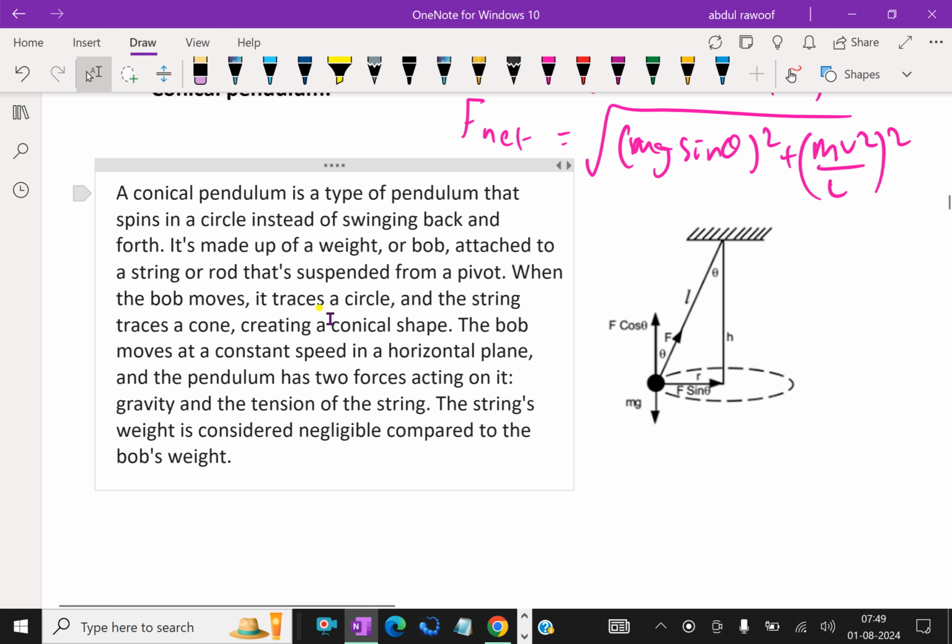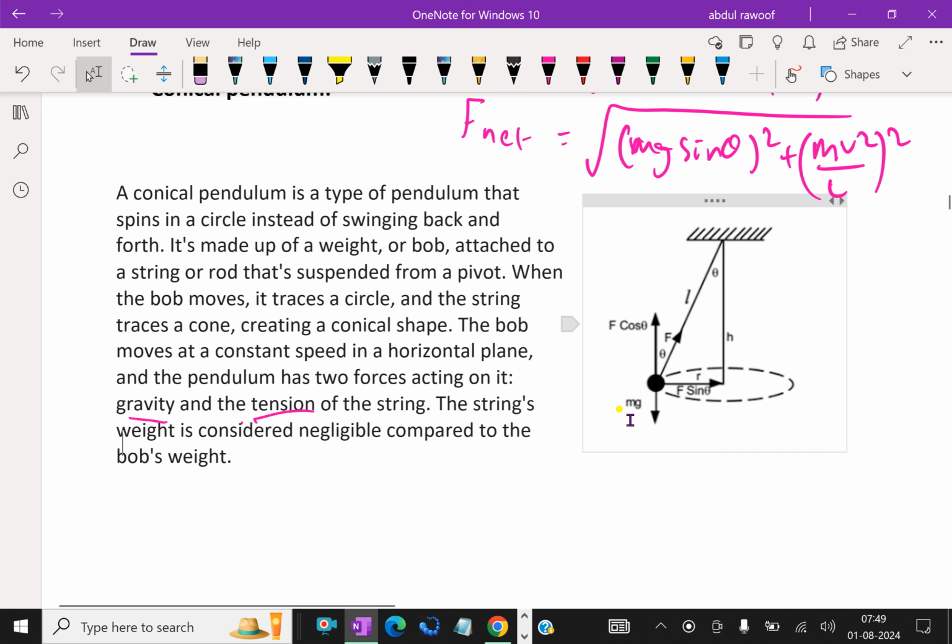When the bob moves, it traces a circle and the string traces a cone, creating a conical shape. The bob moves at a constant speed in a horizontal plane, and the pendulum has two forces acting on it: gravity and the tension of the string. The string's weight is considered negligible compared to the bob's weight.